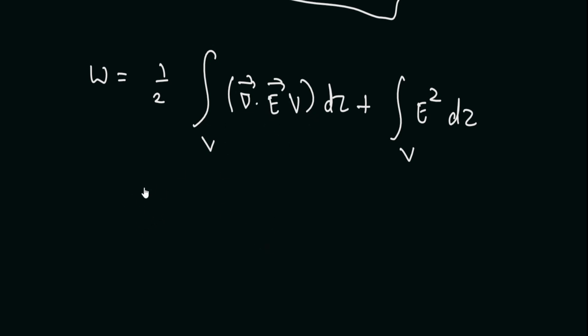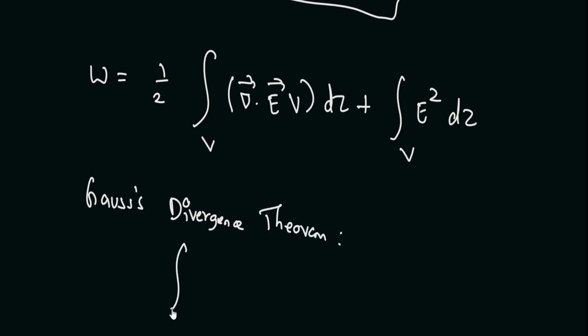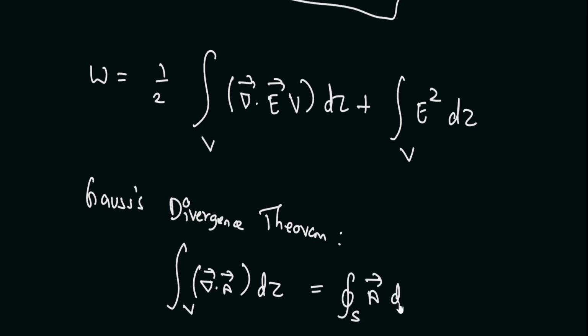So here we will make use of Gauss's divergence theorem, which says that the volume integral of divergence of any vector field is equal to the closed surface integral of that field, and the vector field in our case will be the electric field vector times the potential.